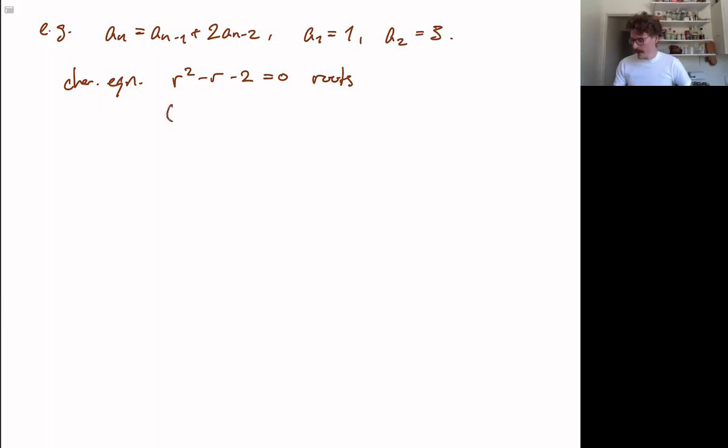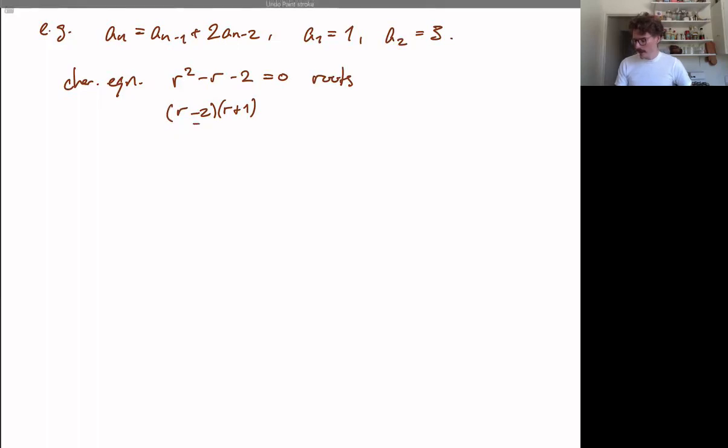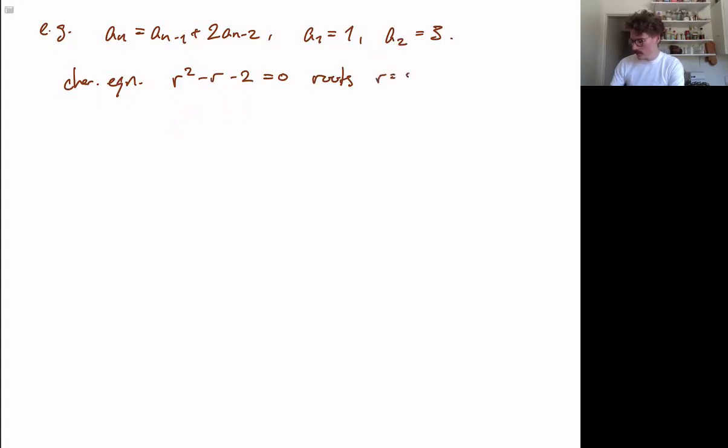And I think we can factor this by hand into (r minus 2) and (r plus 1), because that will multiply to -2 and add to -1. Very good. So the roots are r equals 2 and r equals -1.